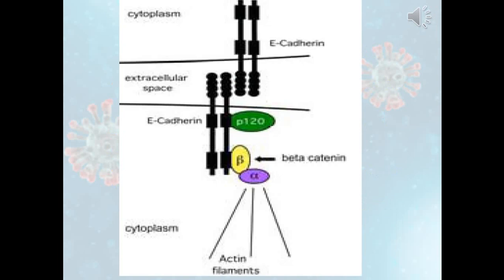This diagram shows how the cadherins of adjacent cells attach to each other and how the cadherins of each cell interact with the interior actin cytoskeleton of the cell through catenins. In this way, these cadherins keep the cells adherent to each other and keep the polarity of the cells.